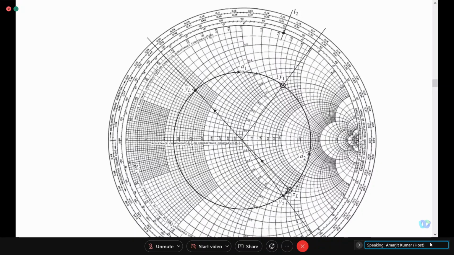So you will reach here, either like this or like this. So what is that distance d2 from yL? But remember whether you are moving clockwise or anti-clockwise. So how can we find the d2 distance?